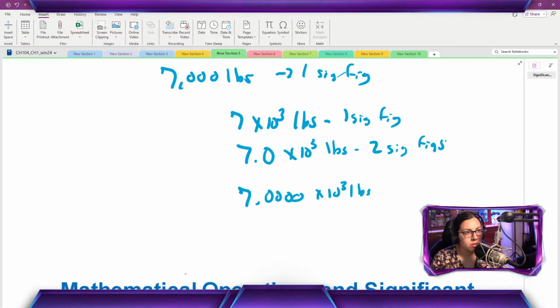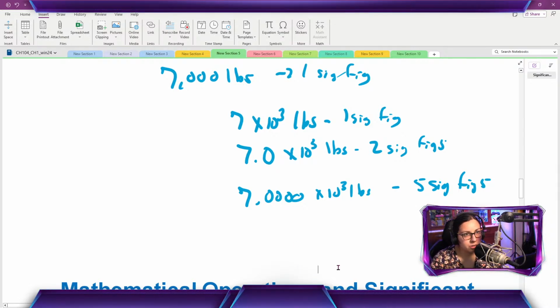And so now that's giving us 1, 2, 3, 4, 5 sig figs. And so all the same number, but all just demonstrating different degrees of accuracy with your equipment. So that's where you have to pick the right scale and then look at the scale. How accurate is that scale? So all that helps you figure out how to report your data.